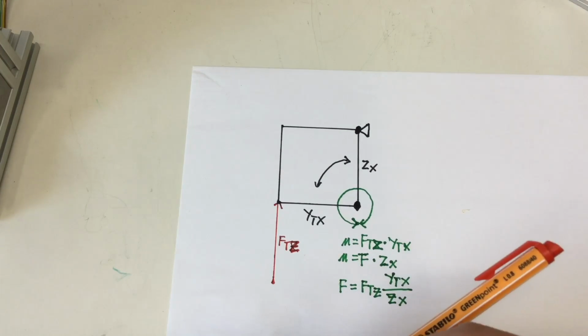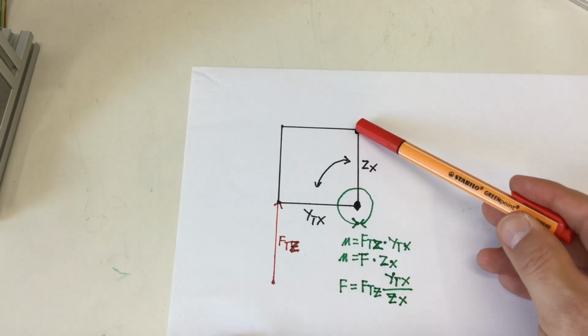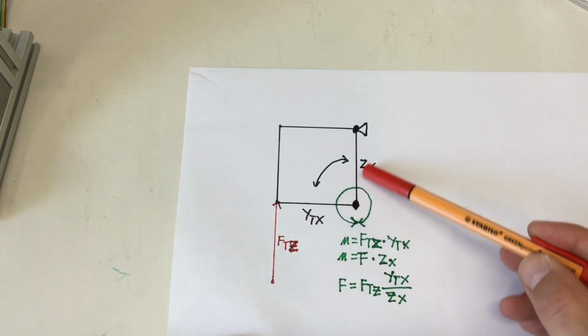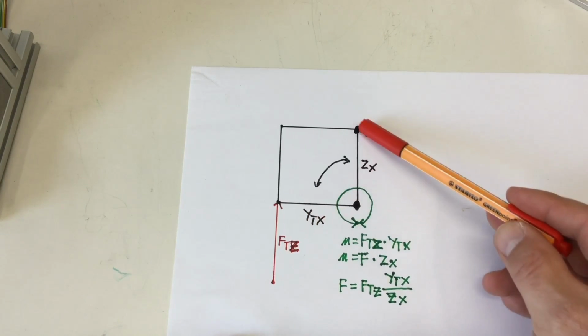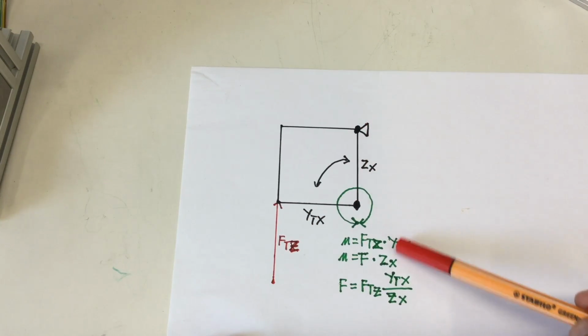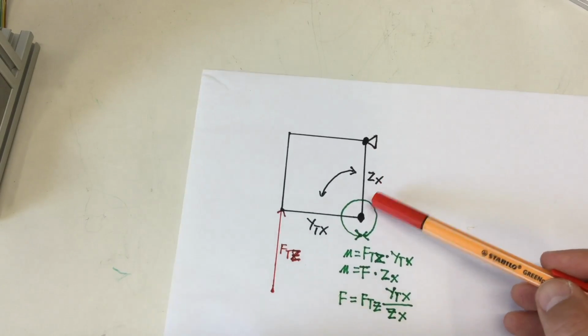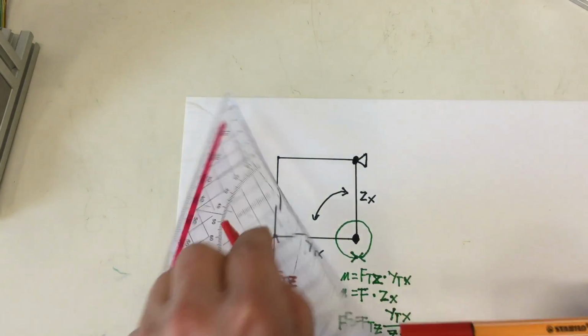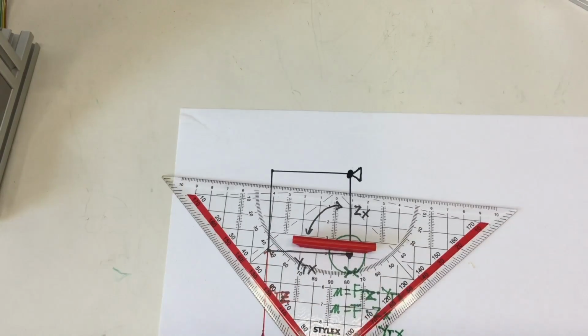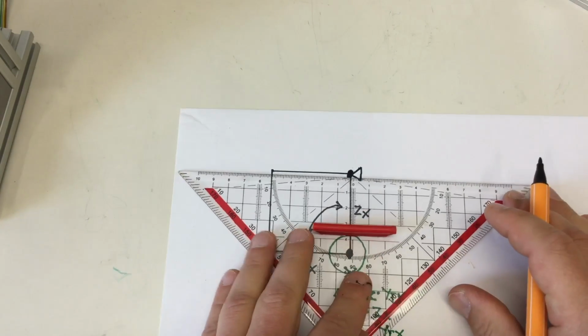And in our simple example, there's a reason I chose Zx and Ytx to have the same length. This is basically 1, so we have the same force here. I will make this green because it counters the momentum.